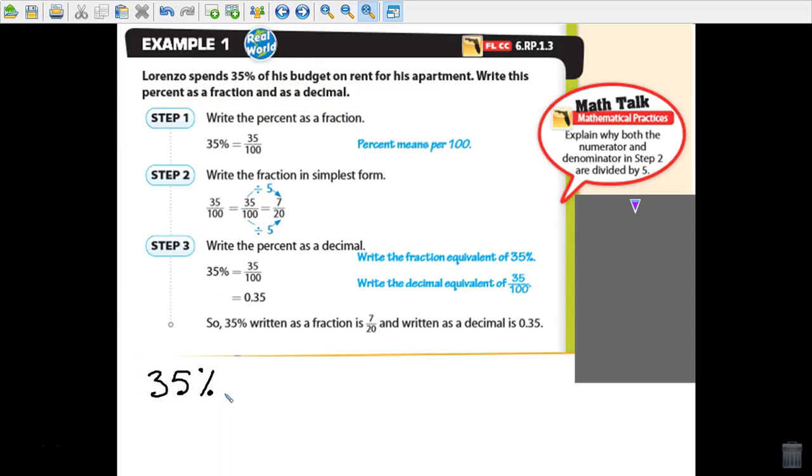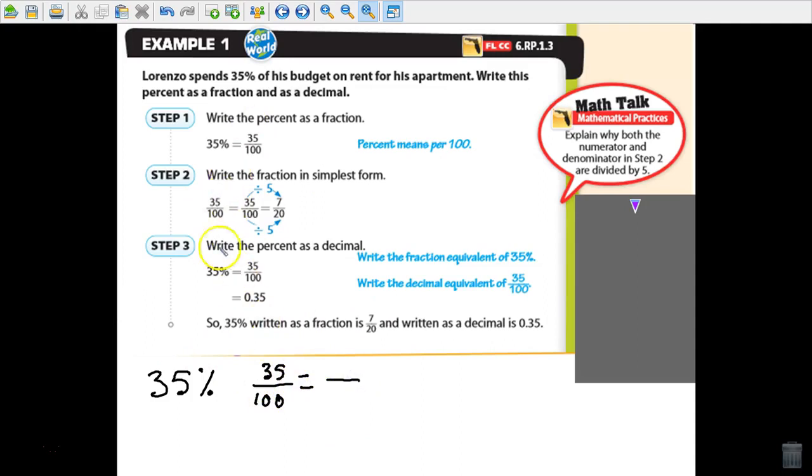If you watched the 8.1 lesson with me, then you would know that 100 is very important to percents. So percent means per 100. So 35% is just 35 over 100. But when we do fractions, we always want it in simplest form.